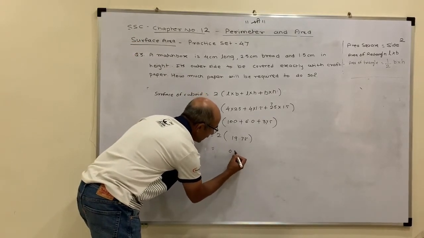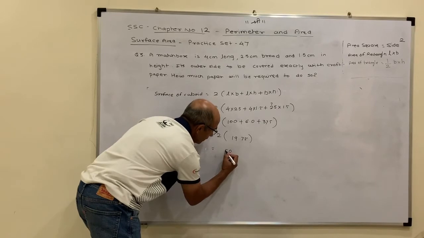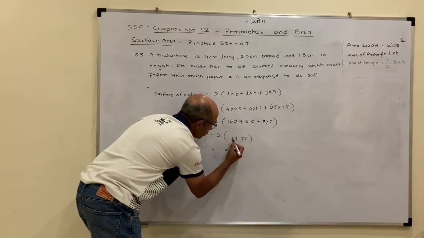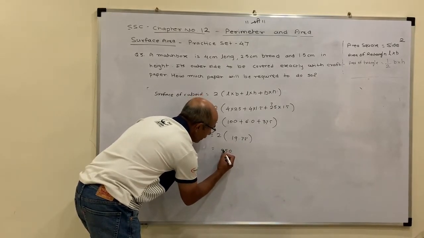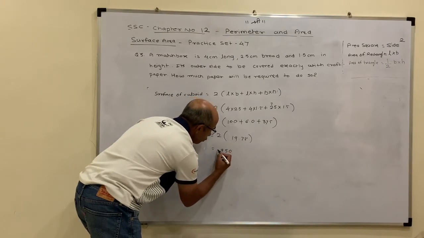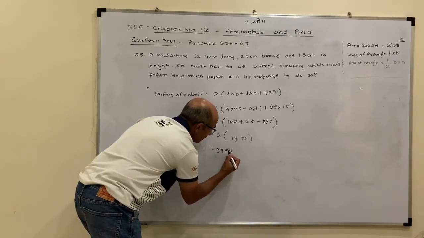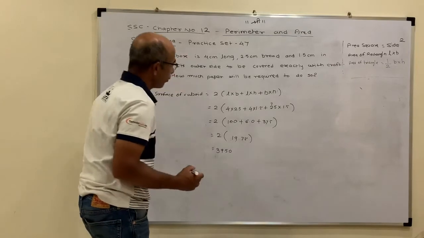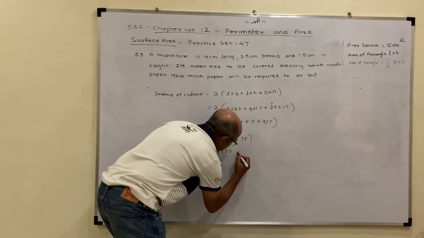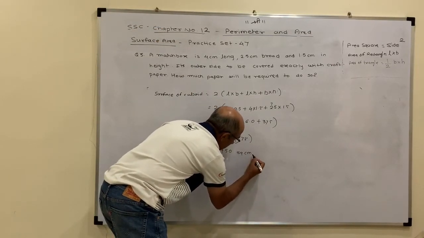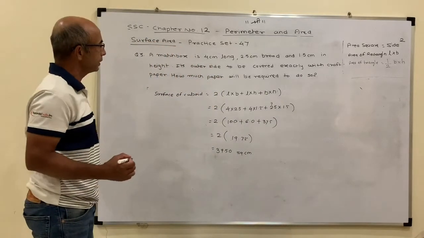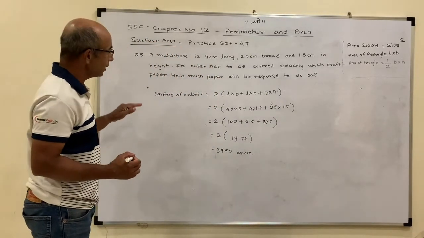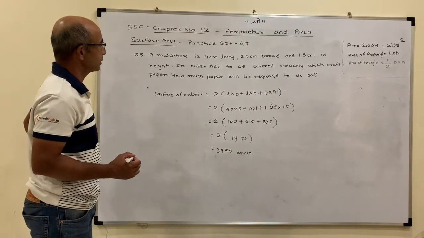2 5s are 10, 2 7s are 14 plus 1 15, 2 9s are 18 plus 1 19, 2 1s are 2 plus 1 3, 2 decimal places. So 39.50 square centimeter is the size of the paper which is required. You need to write the answer in words as well.